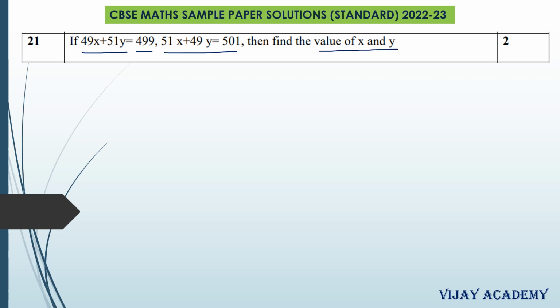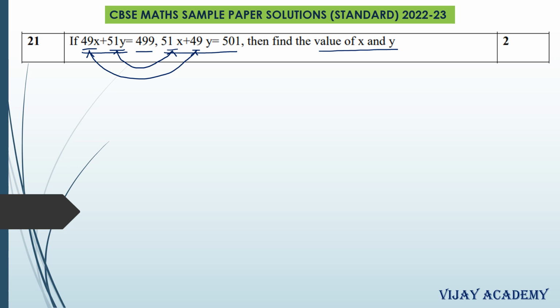So this question is from linear equations in two variables. We can use any method, that is substitution method or elimination method. Especially when the numerical coefficient of x in the first equation and the numerical coefficient of y in the second equation are equal, and at the same time the coefficient of y in the first equation and the coefficient of x in the second equation are the same, then we can easily solve them by adding them once and subtracting them once.